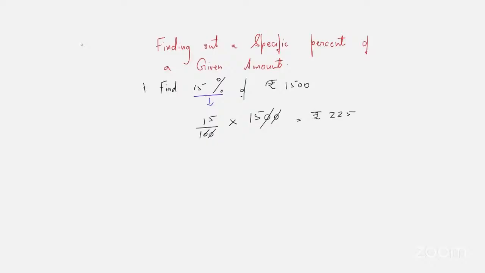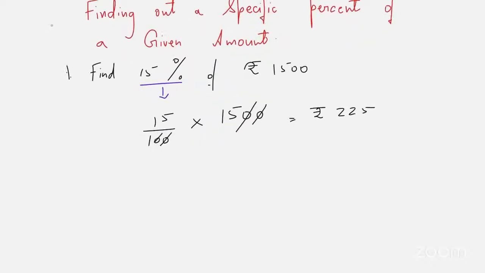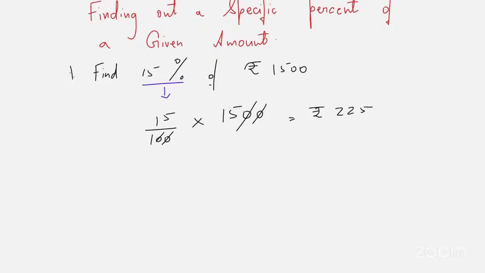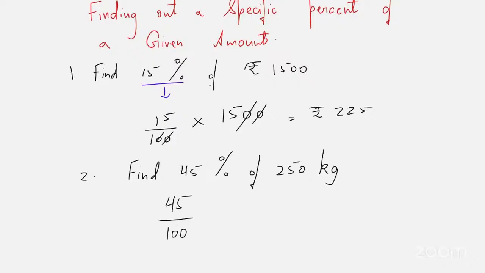One more question. Find 45% of 250 kg. What would be 45% of 250 kg? So we will do 45 upon 100 into 250.